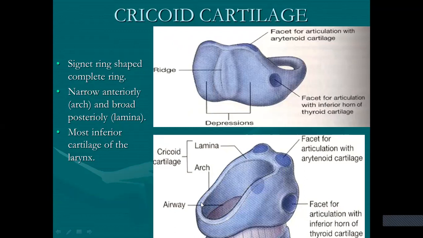Okay. So lower border, it is connected to the tracheal ring by cricotracheal ligament. Cricotracheal ligament, that lower border of the arch of the cricoid cartilage. It is connected to the trachea by cricotracheal ligament. Upper border gives attachment to cricovocal membrane.